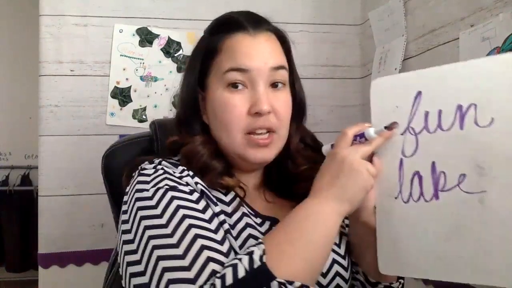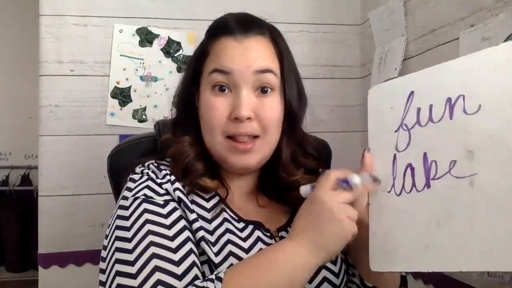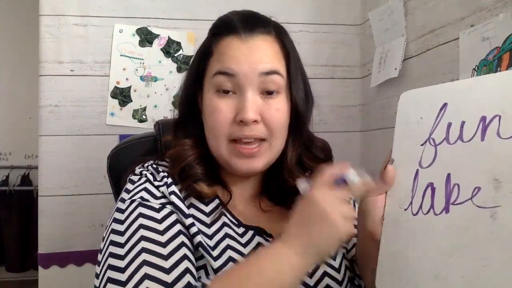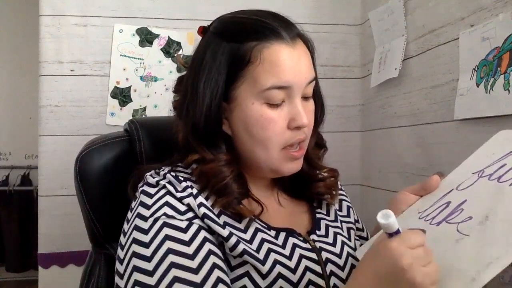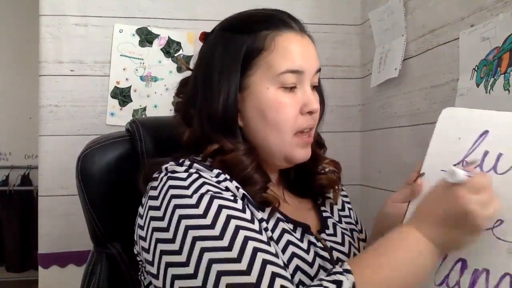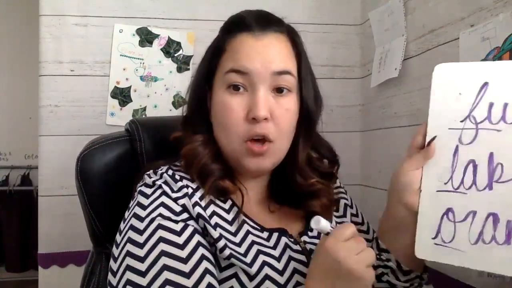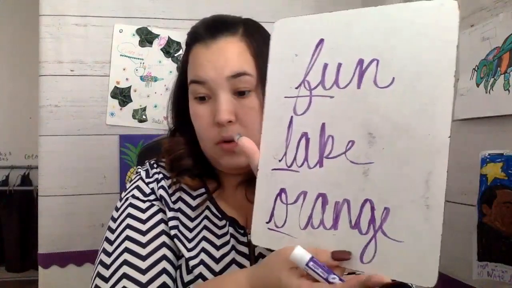What comes next? Lake. A, B, C, D, E, F, G, H, I, J, K, L. Fun, lake. Lastly is orange. Good job. Alphabetical order, it goes in the alphabet. A, F, L, O. Fun, lake, orange.